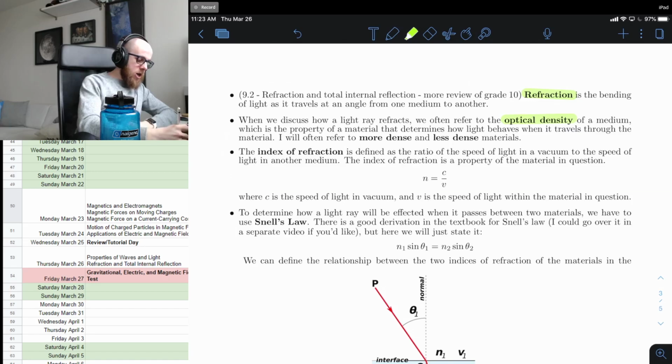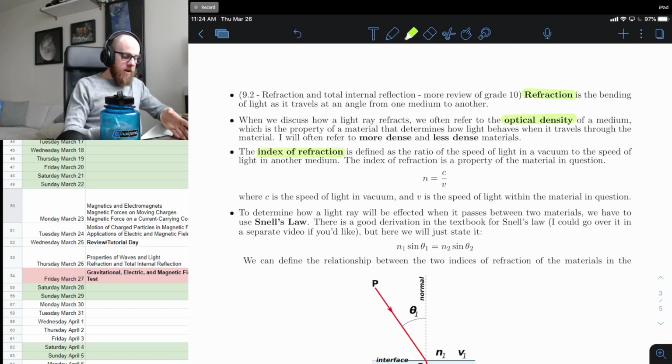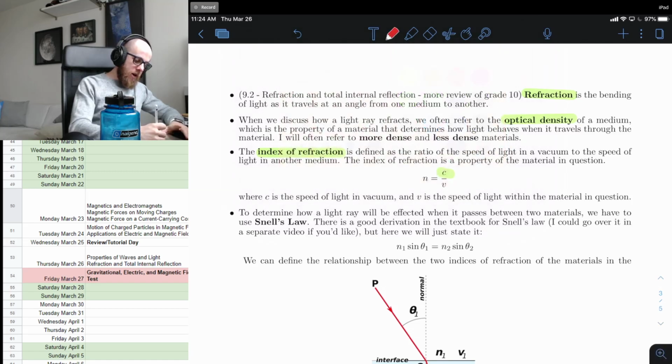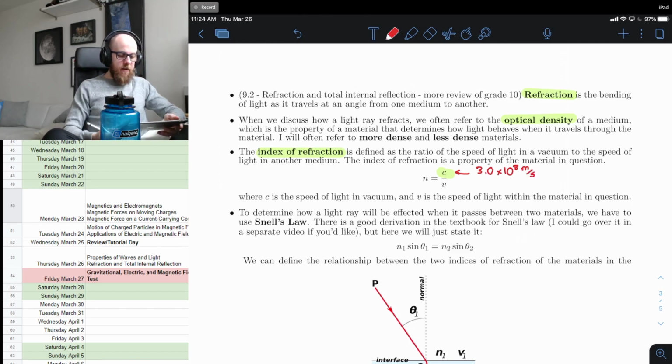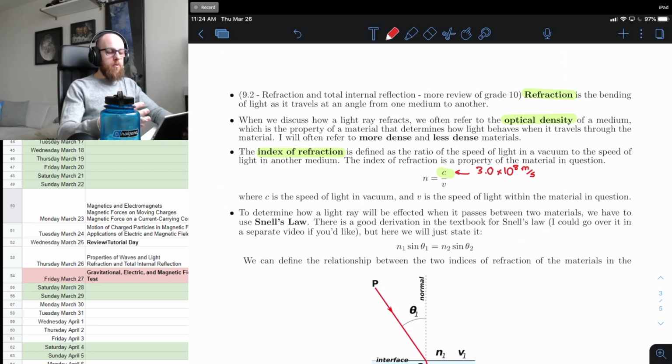The index of refraction, again, this should all be familiar from grade 10, is defined as the ratio of the speed of light in a vacuum, so that's, again, C, which is the quantity that we defined earlier, 3.0 times 10 to the 8 meters per second, relative to the speed of light in another medium, okay?